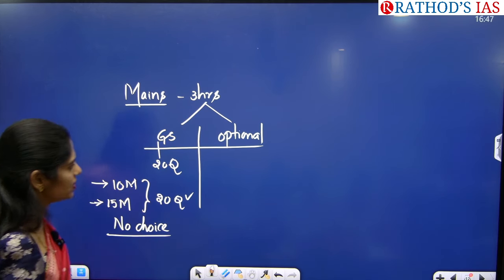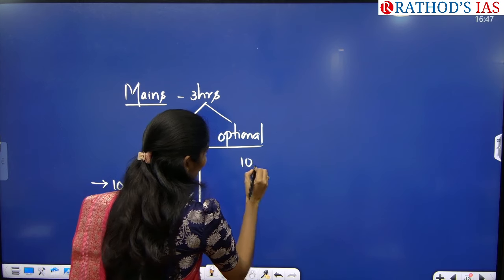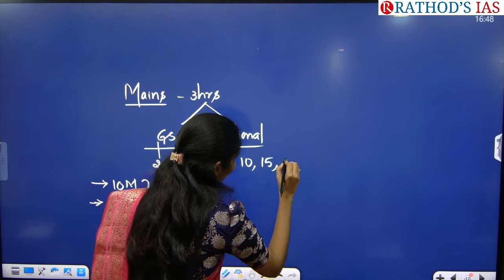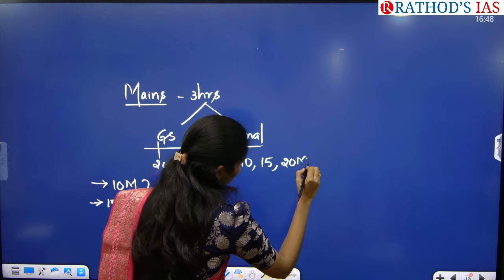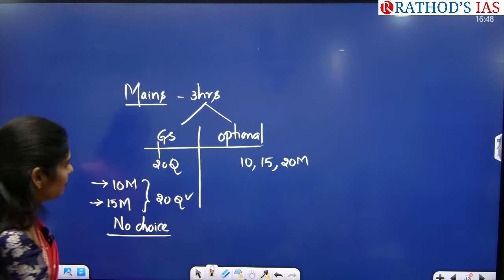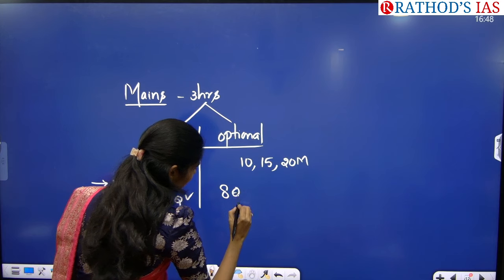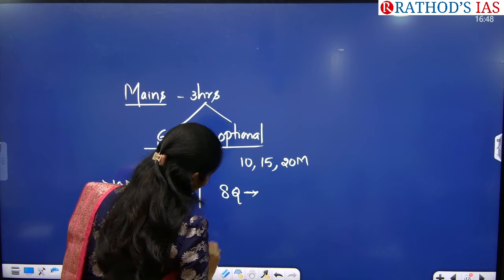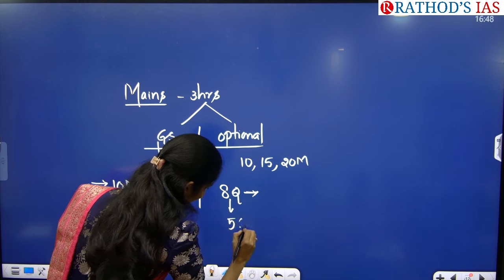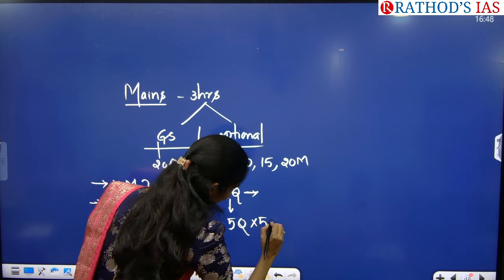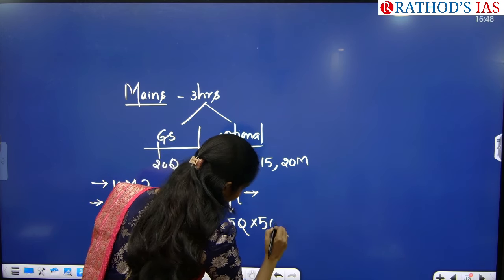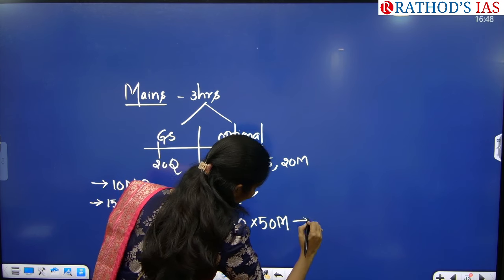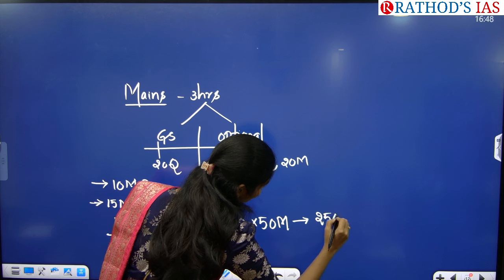But for your optionals, you will be having 10 marker questions, 15 marker questions and 20 marker questions. And you will be getting 8 questions. Out of this, you have to answer 5 questions, and each question carries 50 marks. Total, it is for 250 marks.